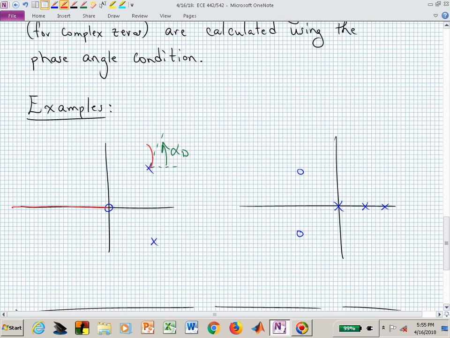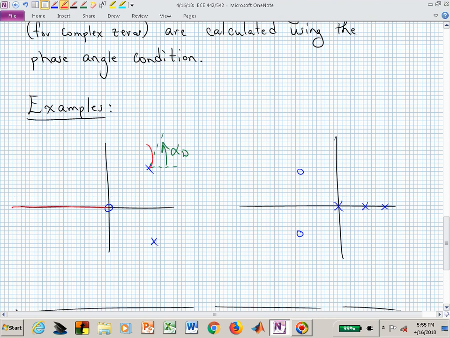The angle in degrees. Probably a little bit bigger than 60, isn't it? 70, 75. So if alpha sub d is 75, that means as I quickly move off of that pole, as I crank up the gain k, I'm leaving that pole at an angle of 75 degrees.